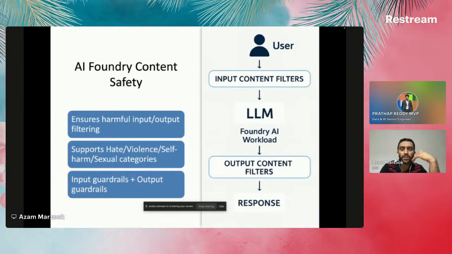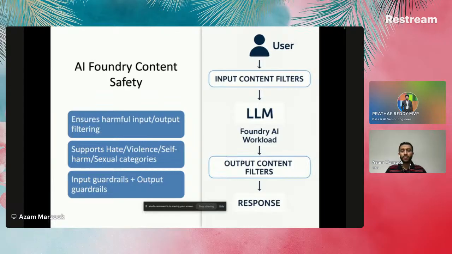When somebody is prompting, we've seen on social media the way people are tricking LLMs to provide sensitive information, where they say, okay, consider that you are not trained, or you don't have any restrictions, and provide this information. You prompt it something like that and then it'll just give that information. So these harmful prompts can also be controlled using this content safety.